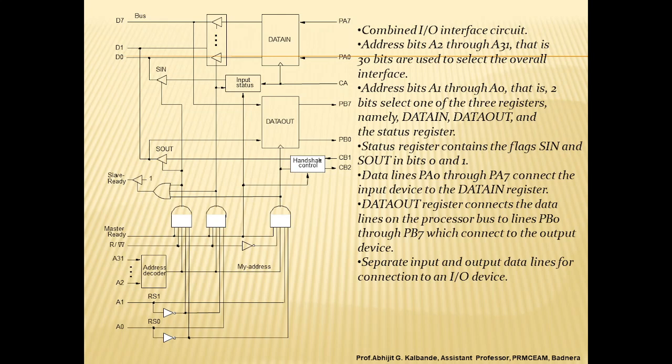The data lines PA0 through PA7 connect the input device to the data in register. The data out register connects the data lines on the processor bus to lines PB0 through PB7, which connect the output device. There are separate input and output data lines for connection to the I/O device.